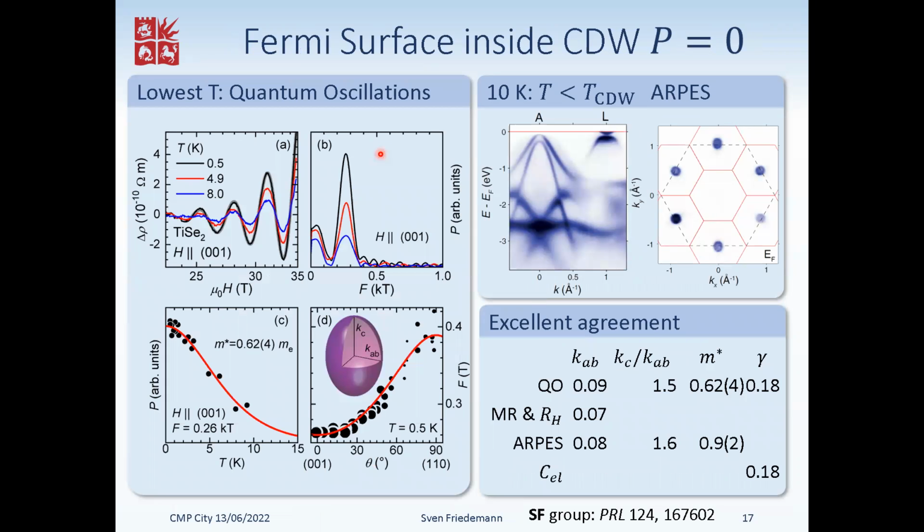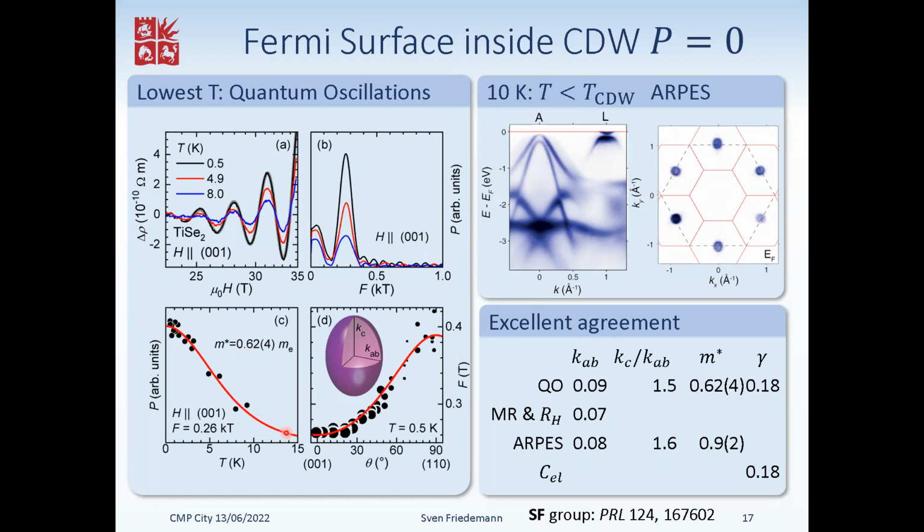Inside the charge density wave, I've already shown that picture for the ARPES, which sees these circular Fermi surfaces in the two-dimensional projection. We do observe quantum oscillations in high magnetic fields in titanium selenide. You can see them here in the resistance. Fourier transformation gives us a frequency of about 300 Tesla. And that indeed matches very well with the size that ARPES is seeing here.